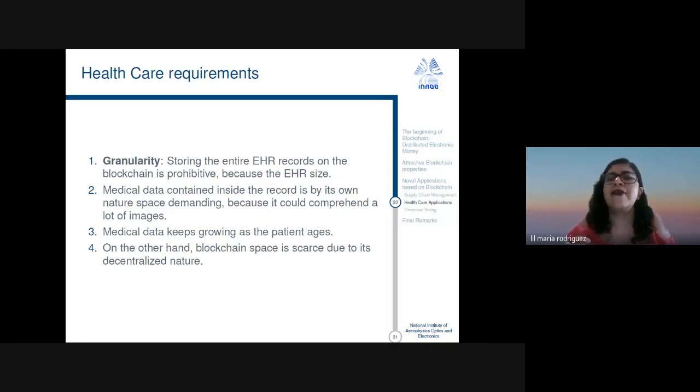So if we have heavy blocks, we will have a lot of latency and overhead. This is not nice for the blockchain.